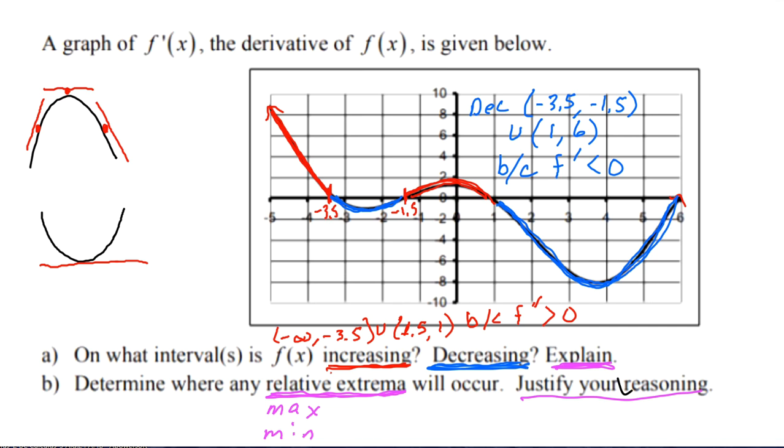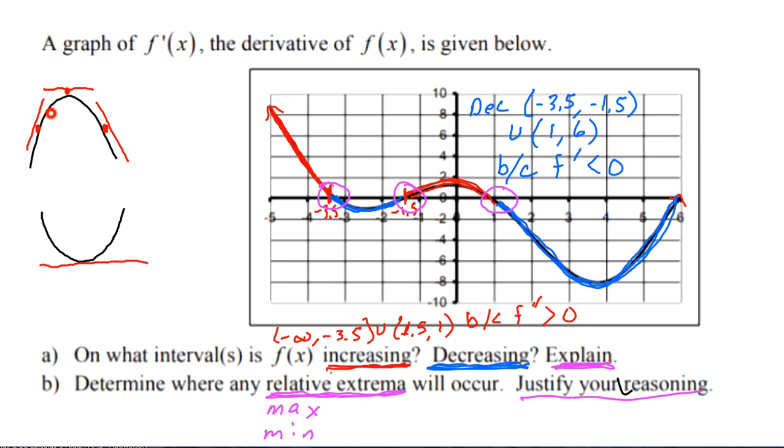All right, so looking at our graph, maximums and minimums will always occur when your derivative is 0. So that is here, here, and here. All right, so here at this first place, our derivatives are changing from a positive value to a negative value.